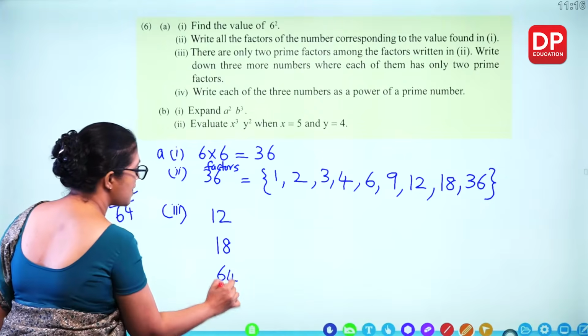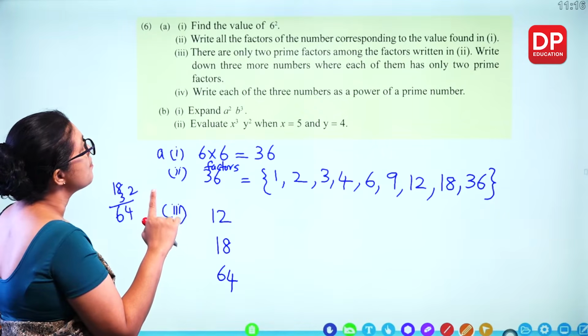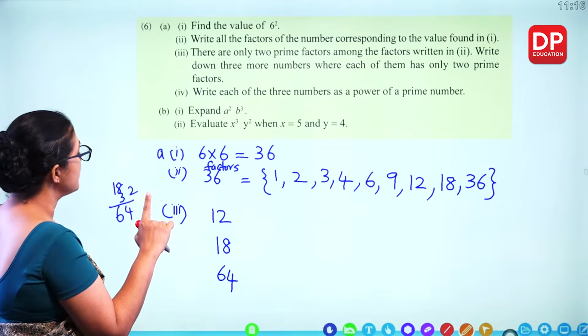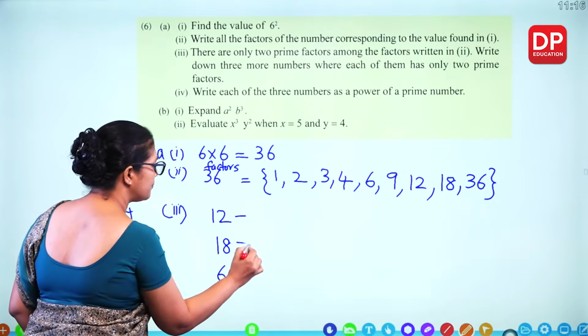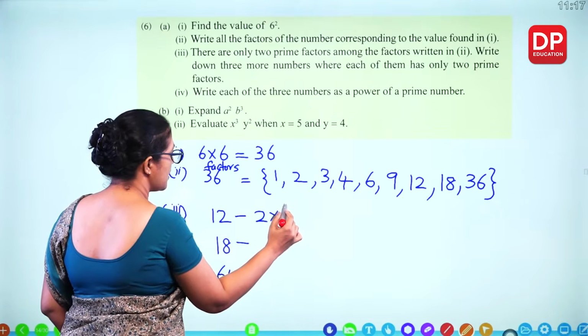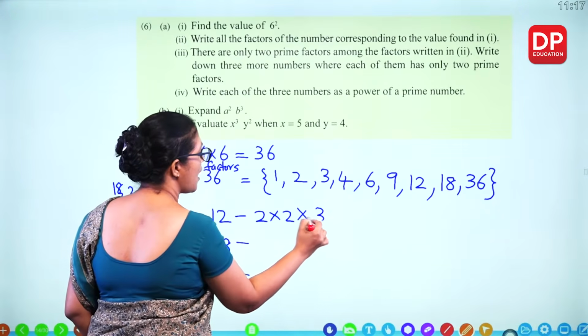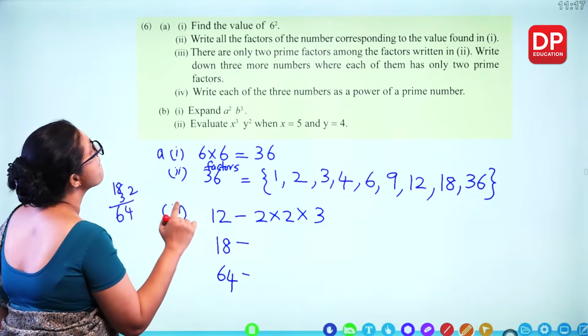So all these numbers have the prime factors 2 and 3. So we'll figure it out. 2 times 2, 4. 4 times 3. So prime factors 2 and 3.